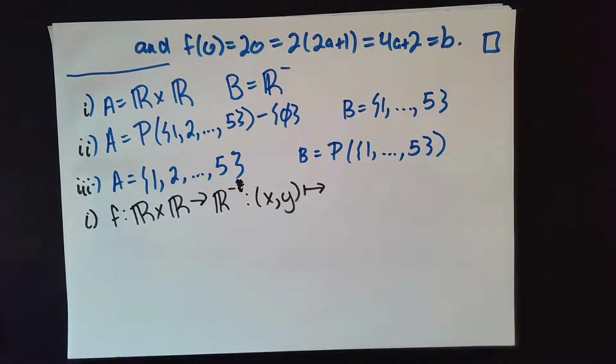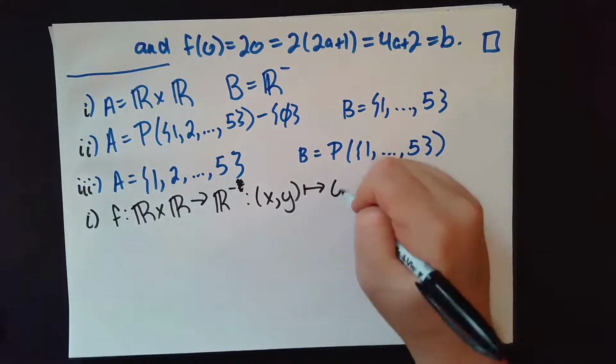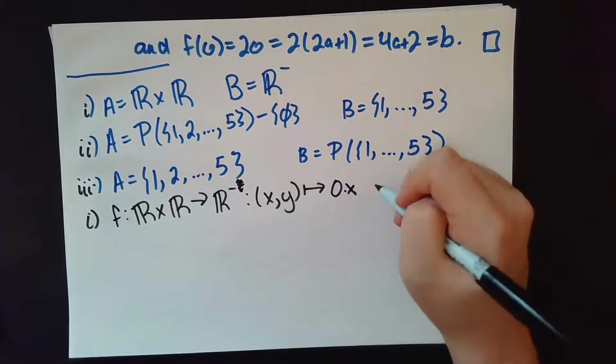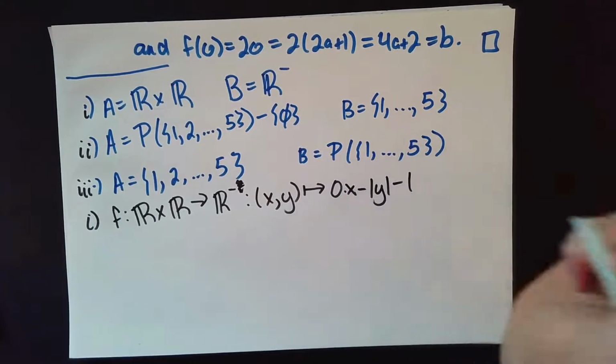Yeah, so Alex suggests 0 times x minus the absolute value of y minus 1.